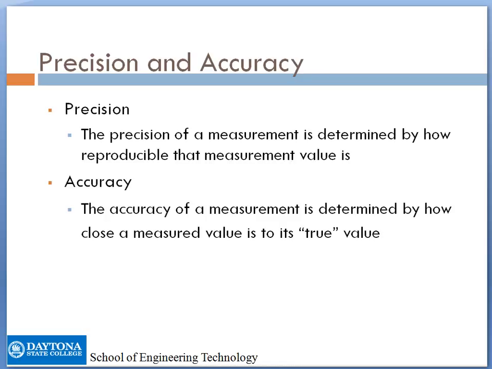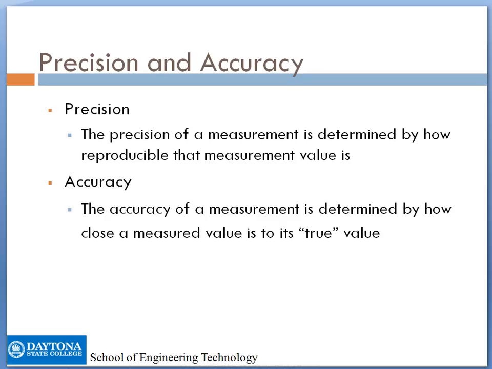Another concept that is very important when we are working with statistics is precision and accuracy. Precision is a measurement determined by how reproducible this measurement value is. So it means that if you can reproduce the same measurement value, you can say that your data is precise.